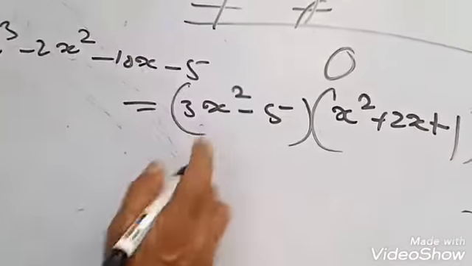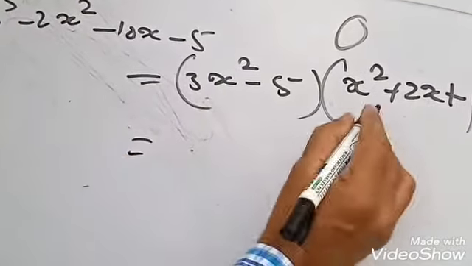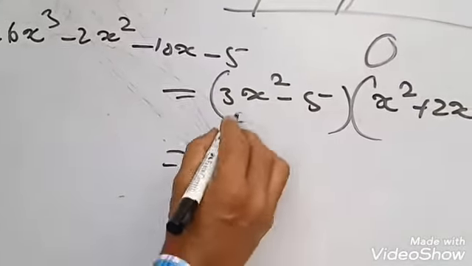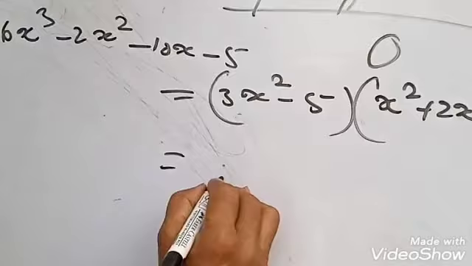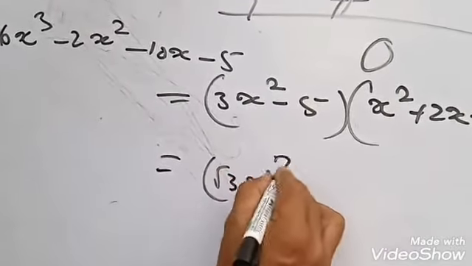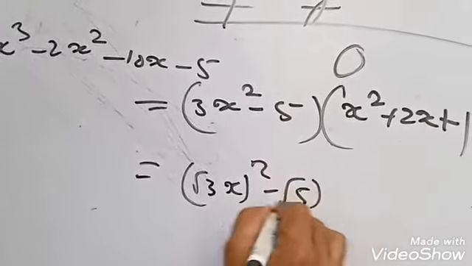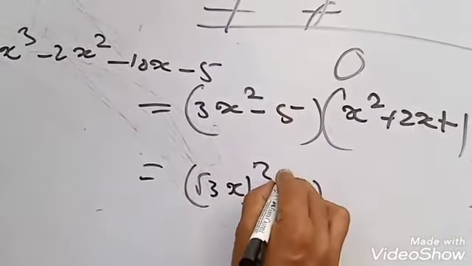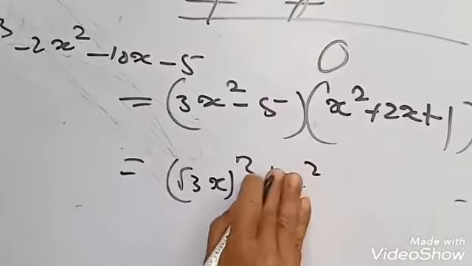So from here you can write here (root 3 x) whole square minus (root 5) whole square.